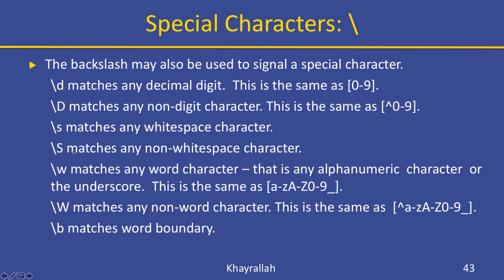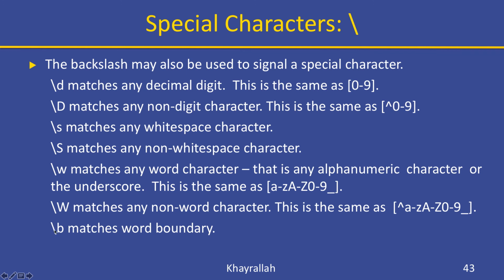Backslash uppercase S means any non-white space character. Backslash lowercase w means any word character, that is any alphanumeric character or the underscore. So this is the same as a to z, uppercase A to Z, 0 to 9, and the underscore, all within square brackets. And then backslash uppercase W means any non-word character. So it's the same as not a to z or uppercase A to Z or 0 to 9 or underscore.